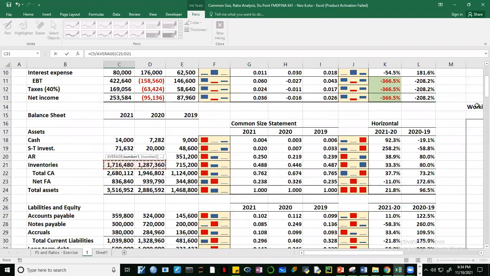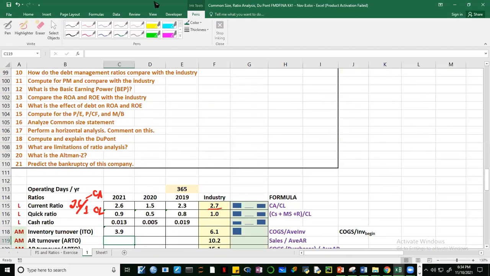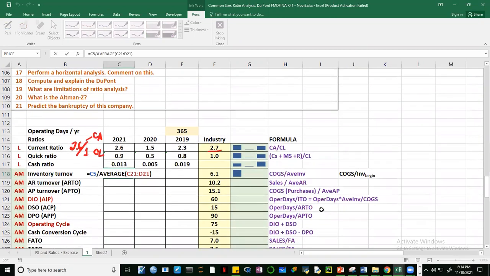Enter. So it's the cost of goods sold divided by the average of the beginning and the ending inventory. So we can copy this formula to the right.